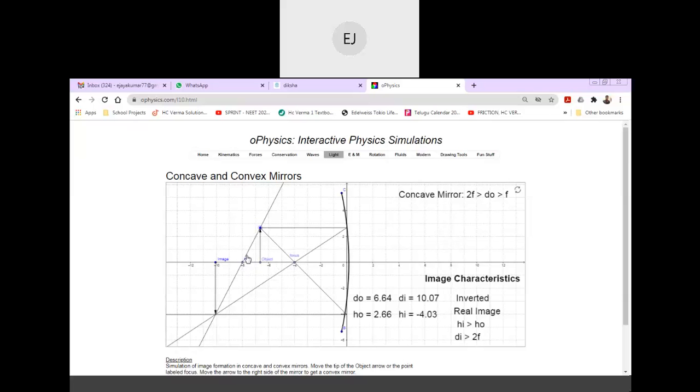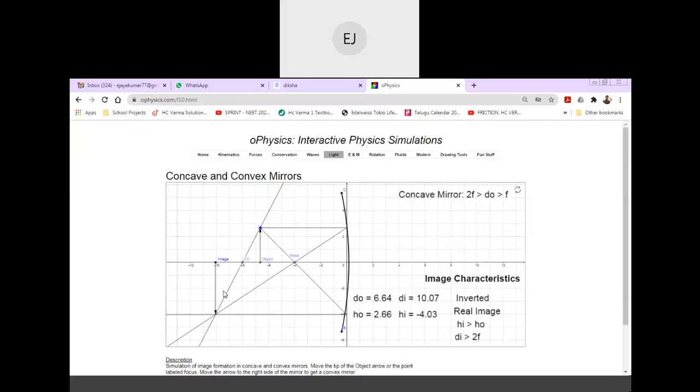You can see the image is formed beyond the center of curvature, and the image is inverted, real, and magnified, because the image height is more than the object height. So the image size is more than the object size.